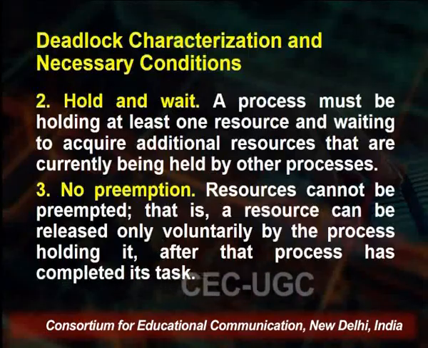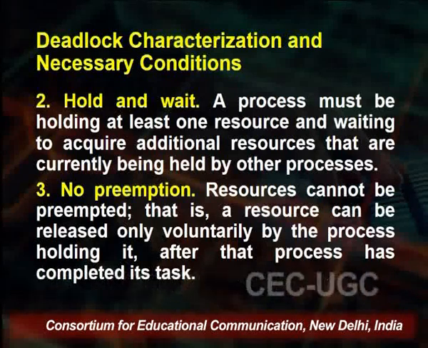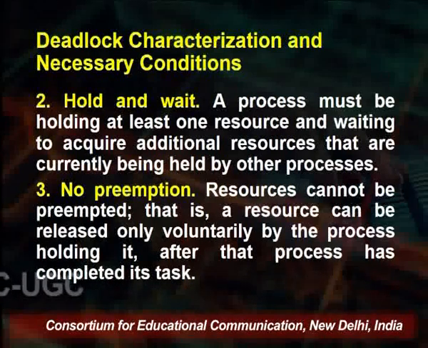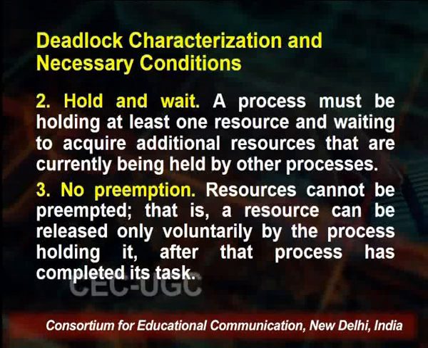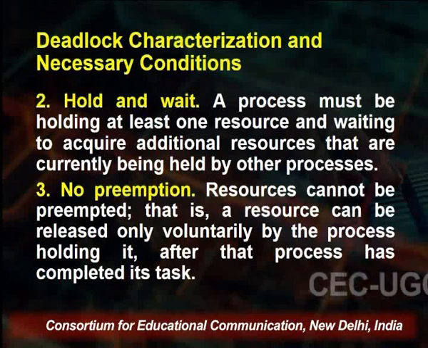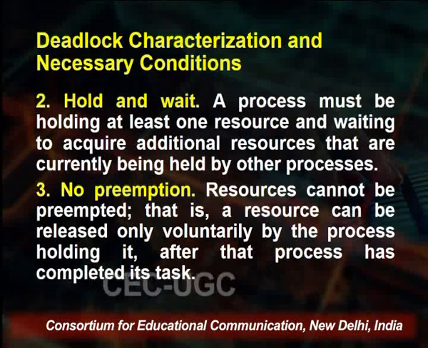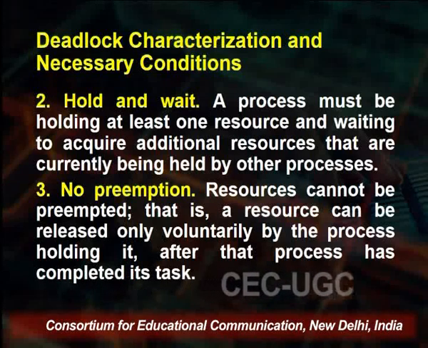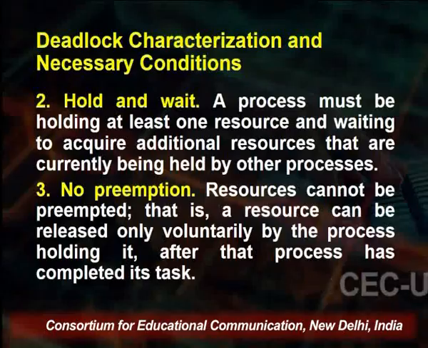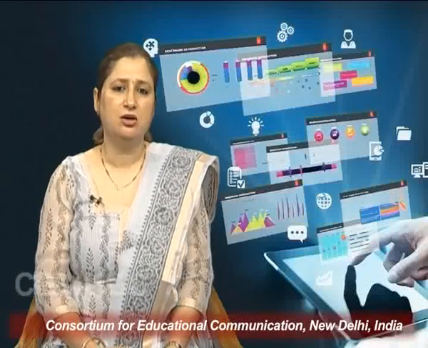Then the third condition is no preemption. We have already discussed a lot about what preemption is in scheduling also. Preemption means that the resource can be taken back before the completion of the process. With no preemption, the resource cannot be taken back; it will only be released voluntarily by the process which is holding it.